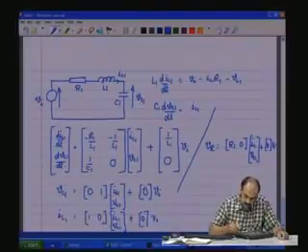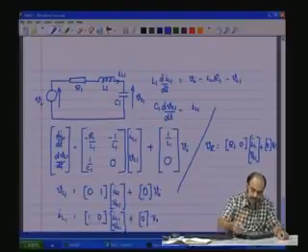So, let us just modify the output equation as follows.